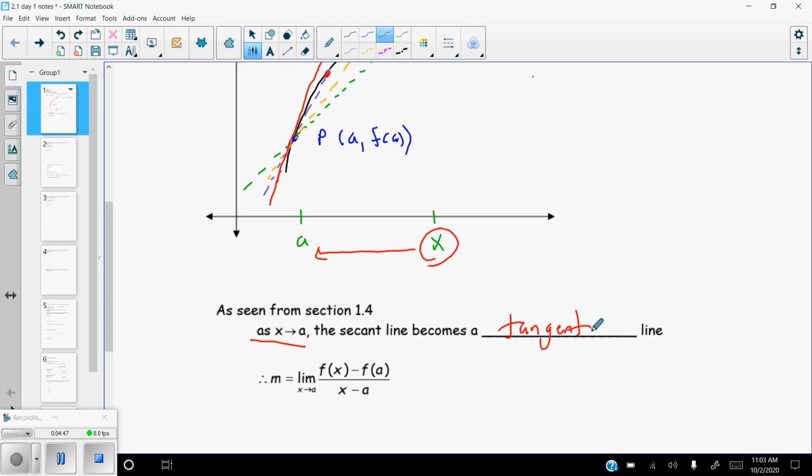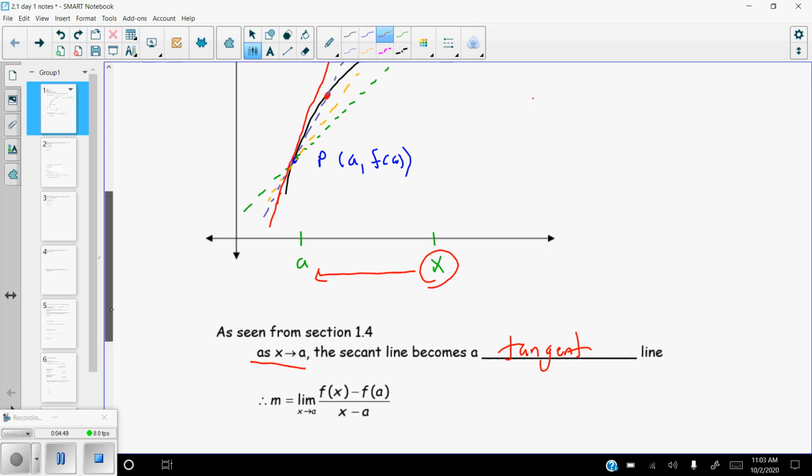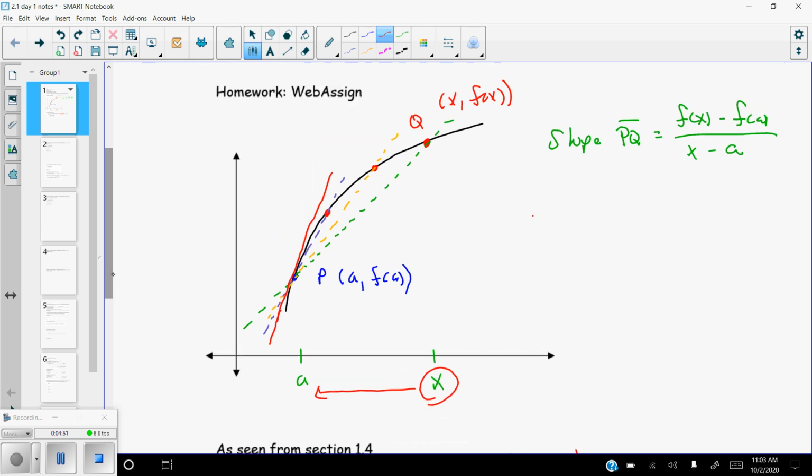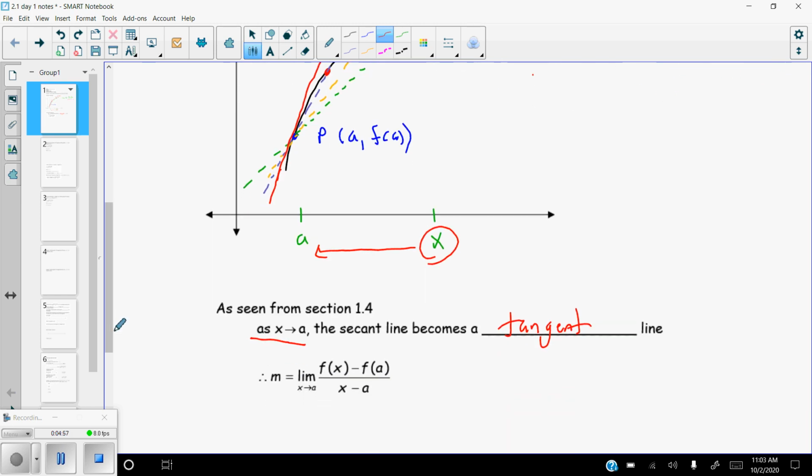What that's really saying, wrapping this all up, is that what we have up here is the slope of a secant line. What we have down here is the slope of the tangent line, because I am taking the limit of those secant slopes as x gets closer and closer to a.